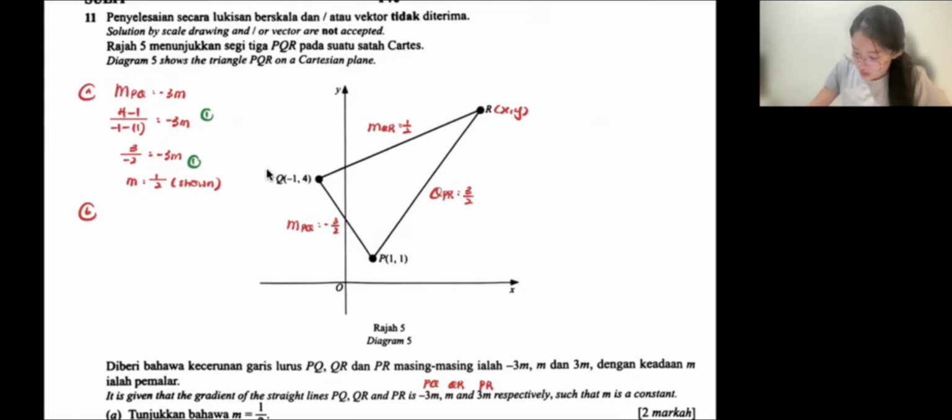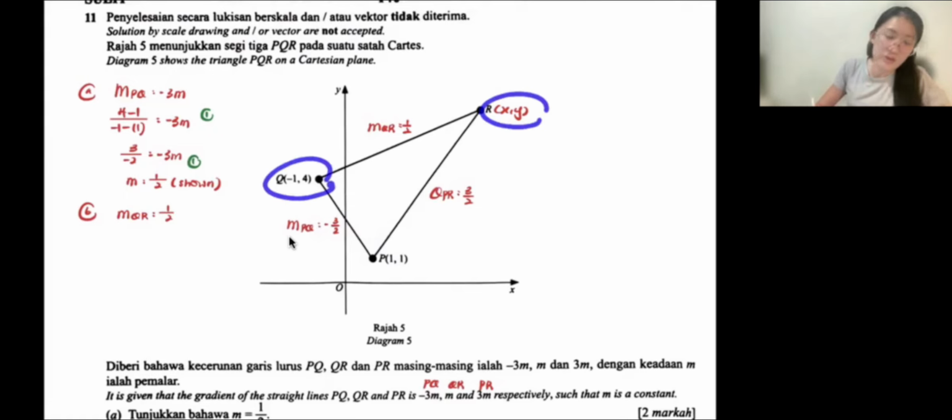Okay, so R. We need to use simultaneous equation, yeah? Yep, we need simultaneous equation, because X, Y both you don't know, right? So let us use QR equals to 1 over 2. These two coordinates, let us use the original gradient formula.